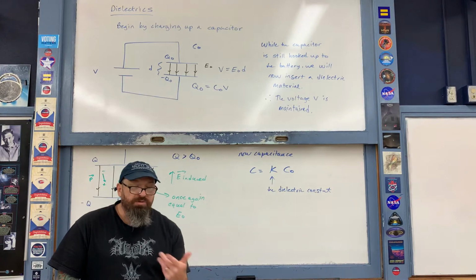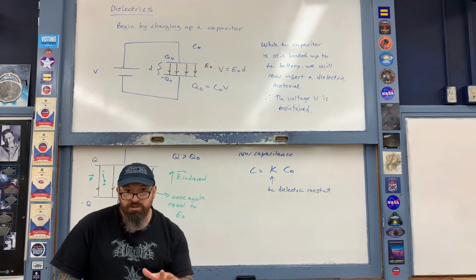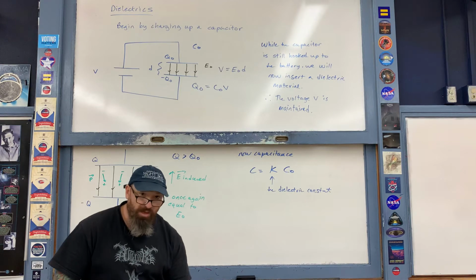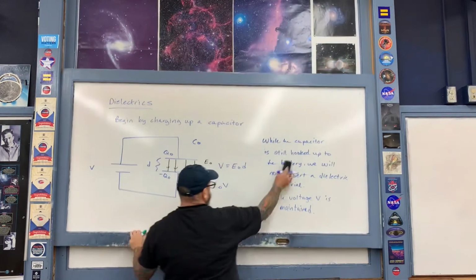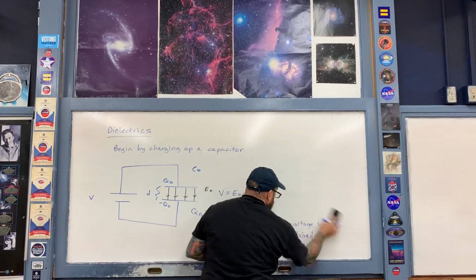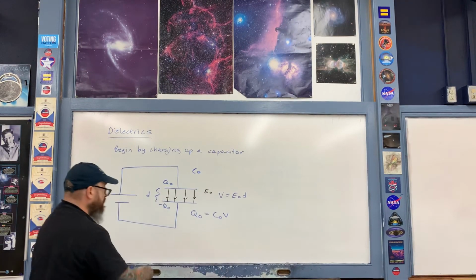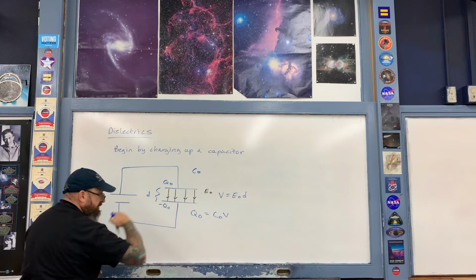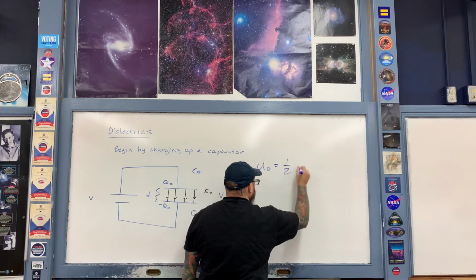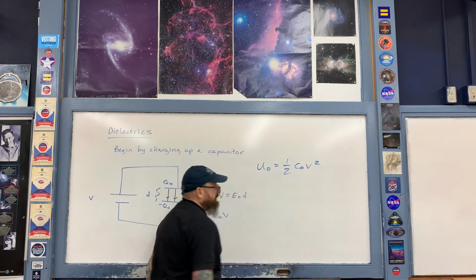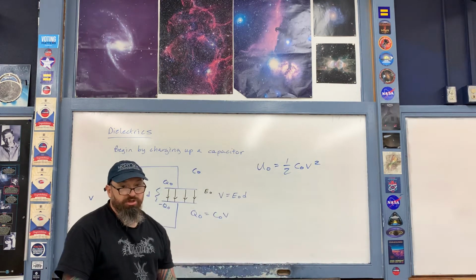It's useful to examine the situation here in terms of energy storage as well. So let's go back up to the top board for just a moment. And let's refer to the potential energy that is stored in the charged-up capacitor when it's a vacuum here in this space as U naught. This would be equal to 1/2 C naught times the voltage squared once the capacitor has been charged up.